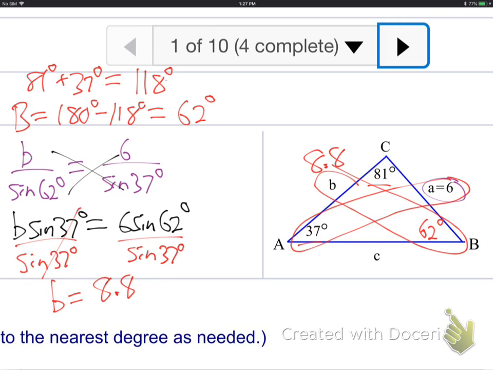All right, and now we need to find C. Can you find C the same way? Sure. I would use the A with the A again, since they're not rounded, they're exact numbers, everything will be exact.